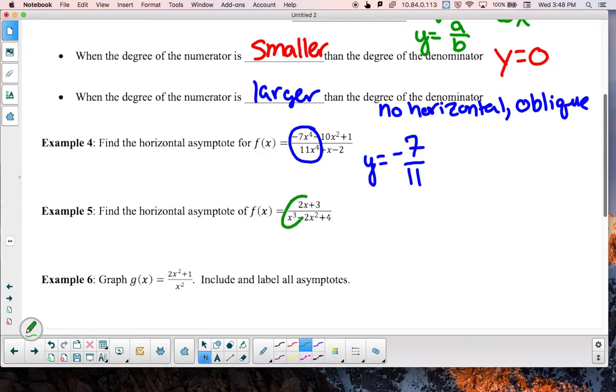Now in this case, for example 5, we have that the degree 1 is less than 3. So this means that we're going to have a horizontal asymptote at 0.